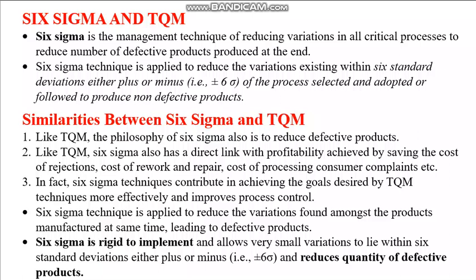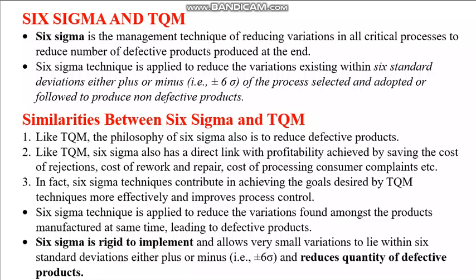Six Sigma is the management technique of reducing the variations in all critical processes to reduce the number of defectives produced at the end. You see, the aim is to reduce the defective parts.